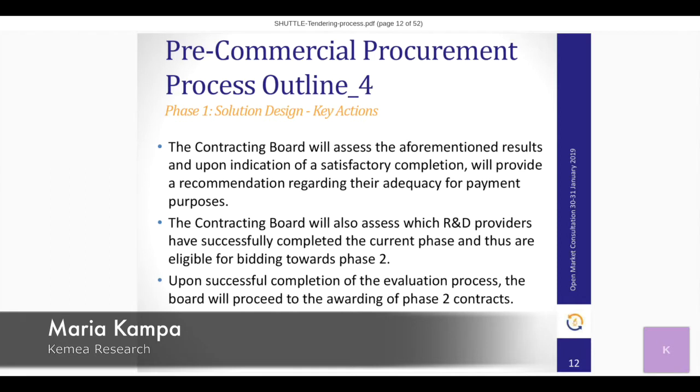Also, the contracting board will assess which R&D providers have successfully completed the current phase, and thus are eligible for bidding towards the next phase, phase 2. And upon successful completion of the evaluation process, the board will proceed to the awarding of phase 2 contracts.